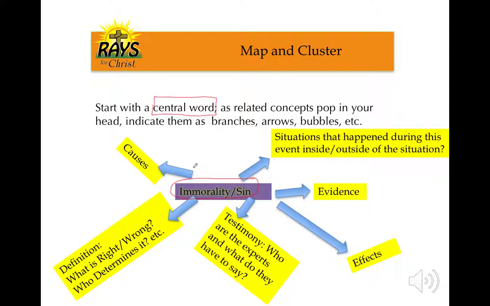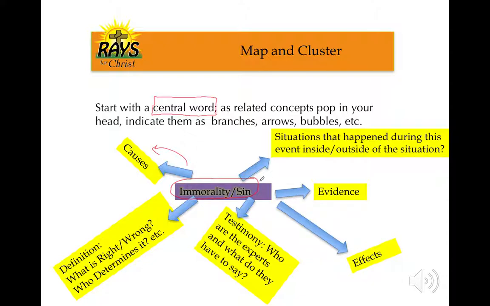And what were the causes of that sin? What are causes of sin in general? What does the Bible say about causes of sin? Situations that happen during the event, inside or outside of the situation.